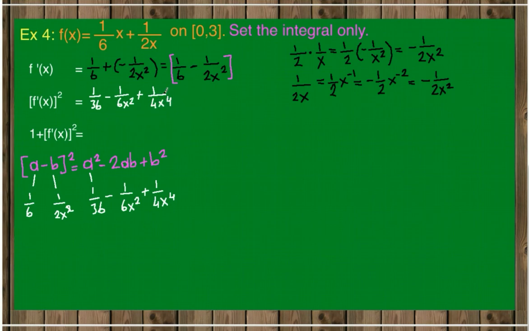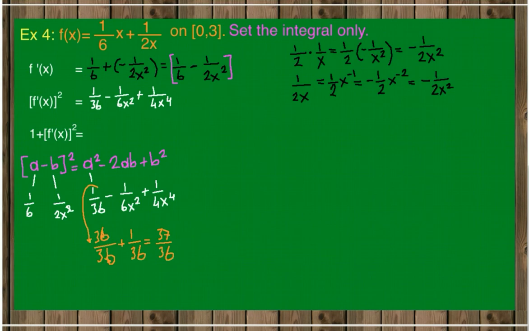Now we're going to add 1 to this quantity. So adding 1 to that quantity is adding 36 over 36 to this quantity, plus 1 over 36. So here we get 37 over 36.